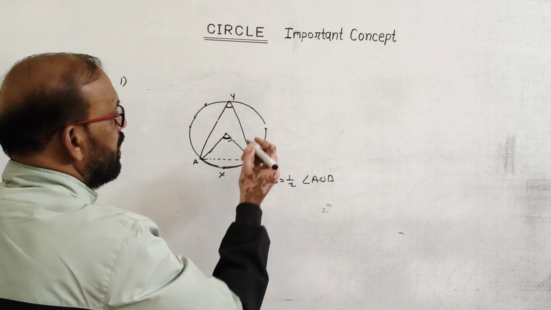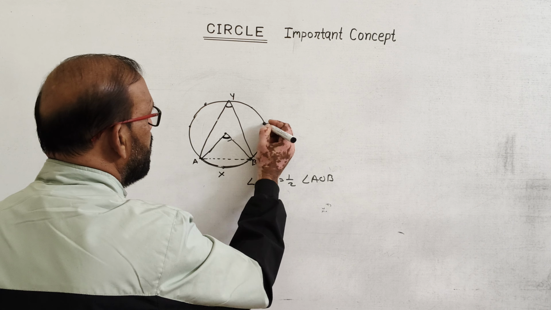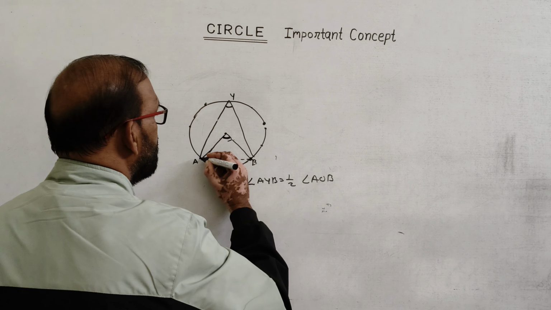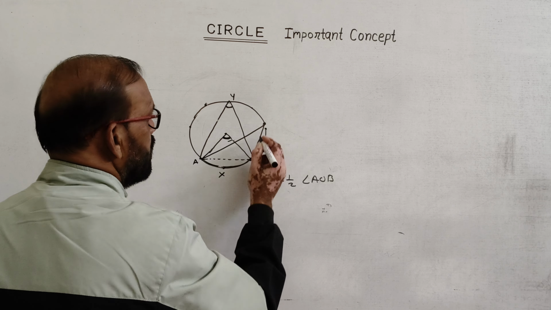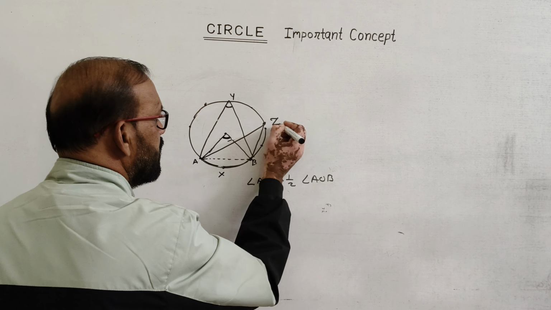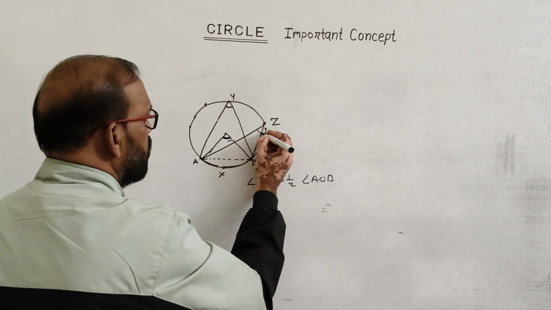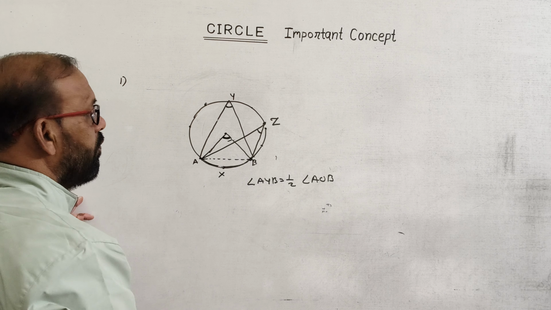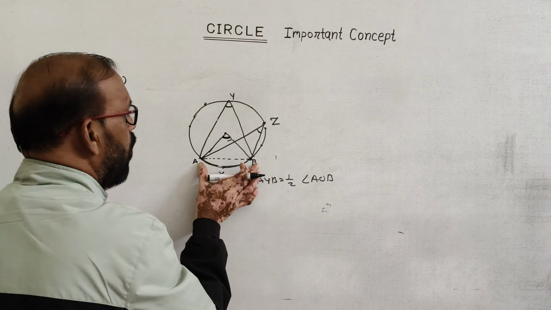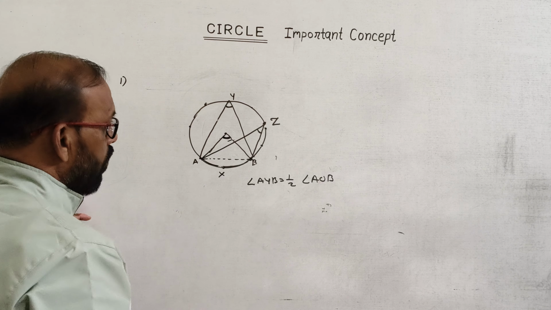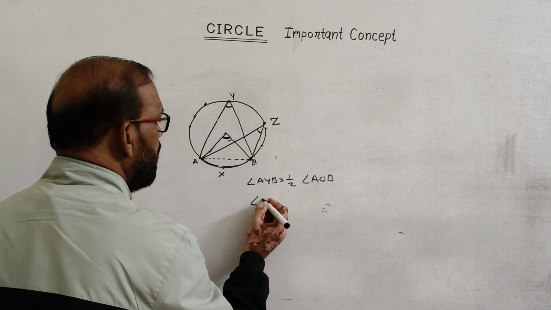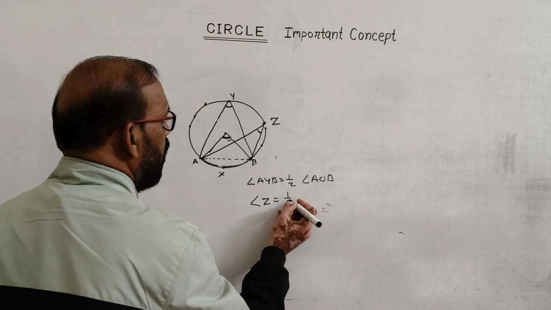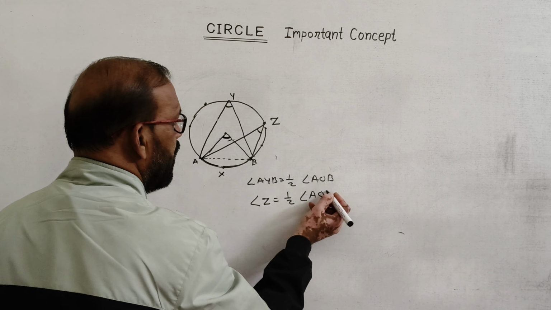Suppose we take another point over here and join it with the end points of the chord, and this point is represented by Z. This is another inscribed angle formed by the endpoints of the chord or arc. What is the measure of angle Z? Angle Z is again half of central angle AOB.